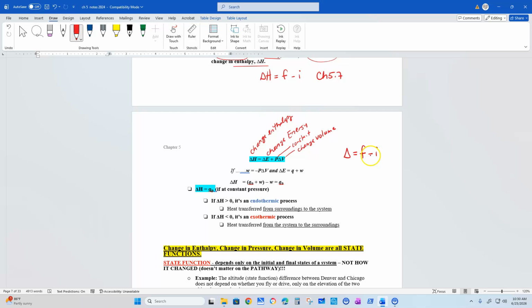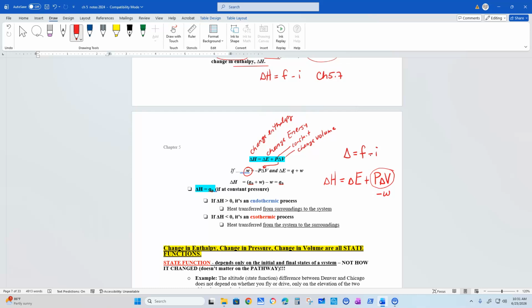This part right here, P delta V, how does it correlate to work? Well, work equals negative P delta V. So P delta V equals negative W. Notice I said W equals negative P delta V.